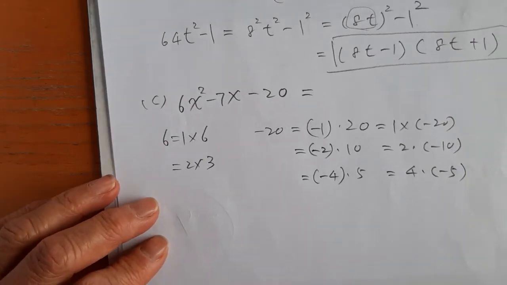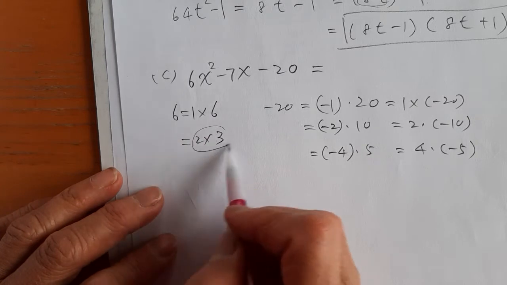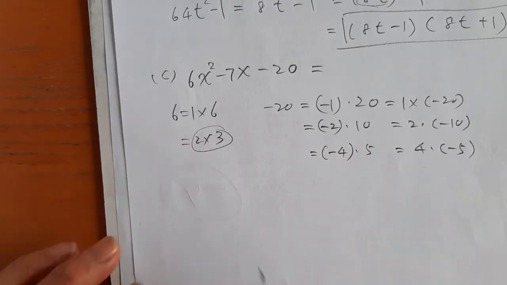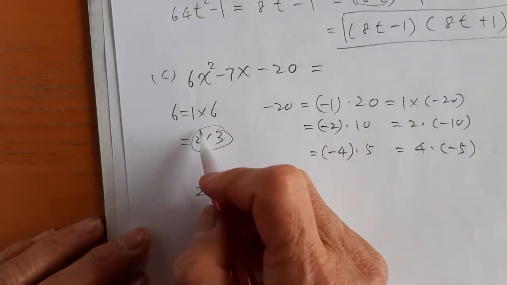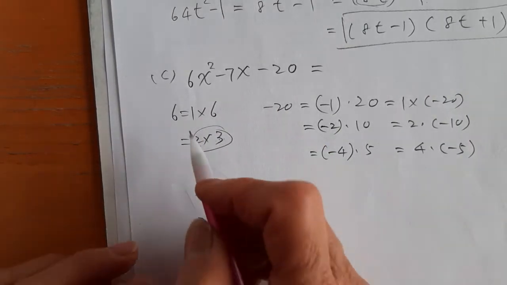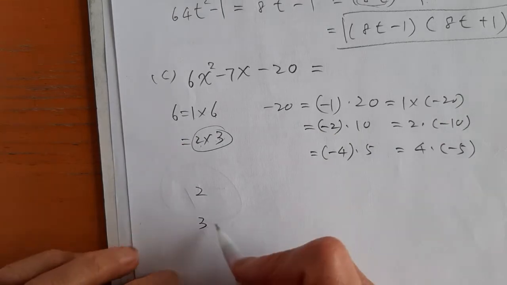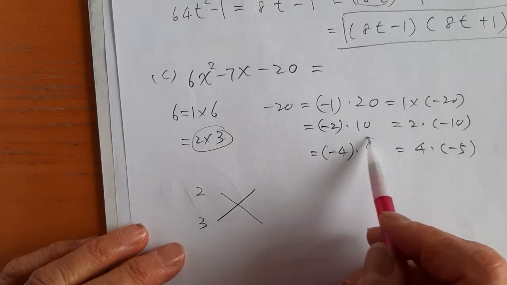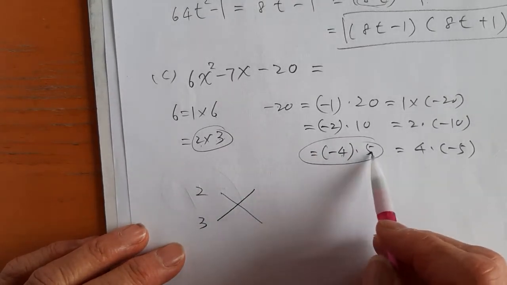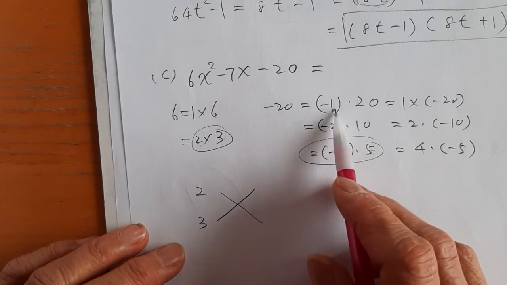And then you will try to fit. Normally you choose the two numbers closer to each other first. 2 and 3 are closer than 1 and 6. Cross multiplication with negative 20. Normally we choose 5 and 4, which are much closer to each other than 2 and 10 or 1 and 20.